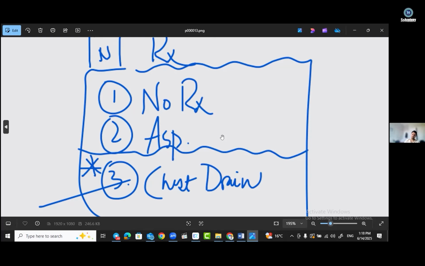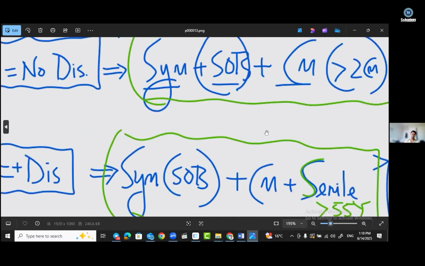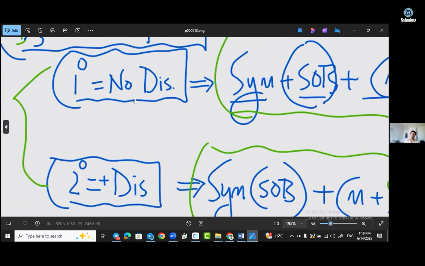Similarly, the BTS made the guidelines. So we made a simplification of these guidelines. We put the primary, meaning without any disease, and secondary, with some disease. Primary means no disease, secondary means plus disease.